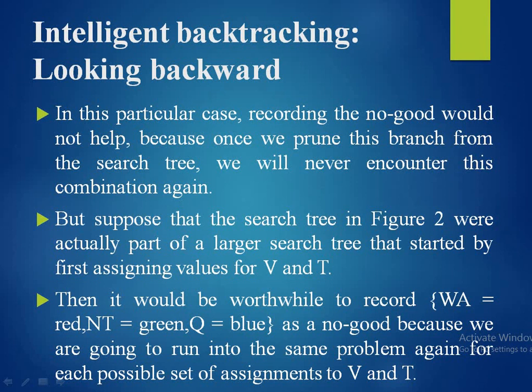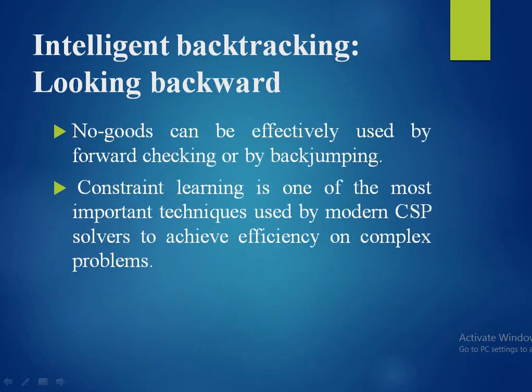But suppose that the search tree in figure 2 were actually part of a larger search tree that started by first assigning values for V and T. Then it would be worthwhile to record WA = red, NT = green and Q = blue as a no-good, because we are going to run into some problem again for each possible set of assignments to V and T. So no-goods can be effectively used by forward checking or by backjumping.